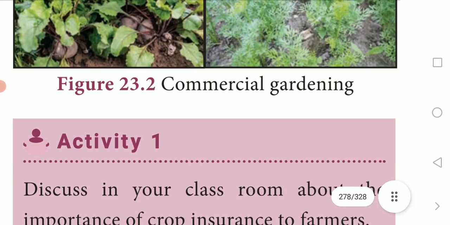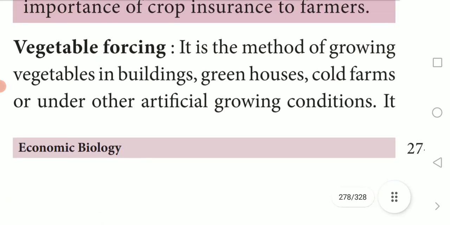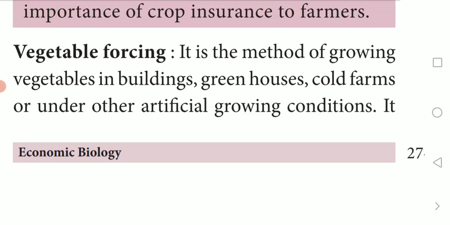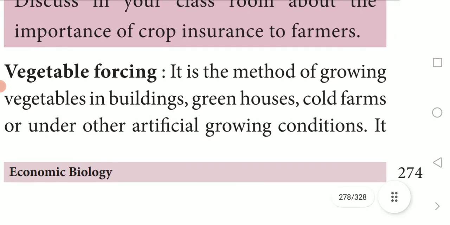The next one is vegetable forcing. Here, vegetable forcing is the method of growing vegetables in buildings, greenhouses, cold frames, or under other artificial growing conditions. It is the most intensive type of vegetable growing.